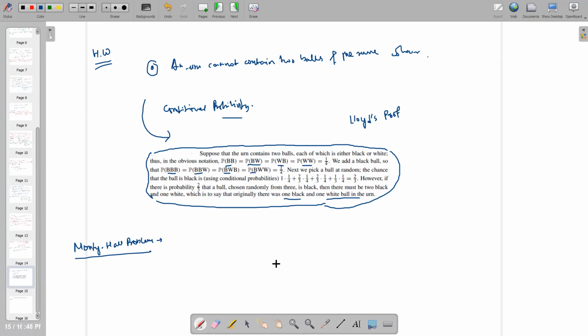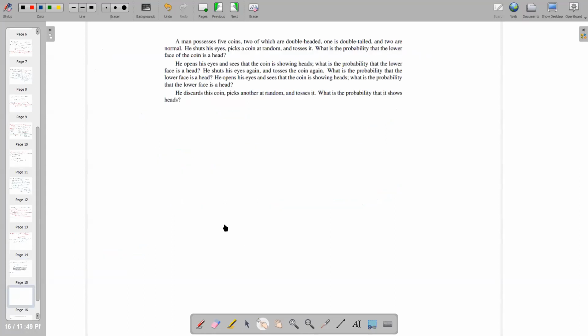If you have seen the Monty Hall problem, let me give you a variant. So let's try this one. Can you guys see the problem?